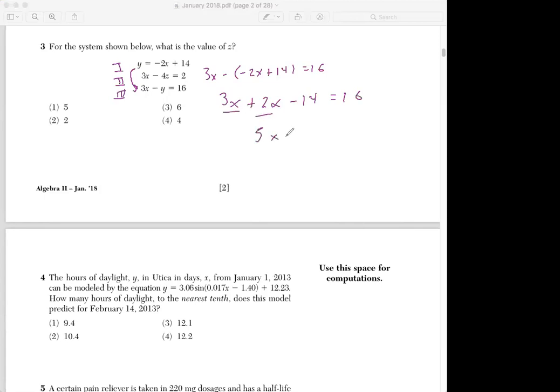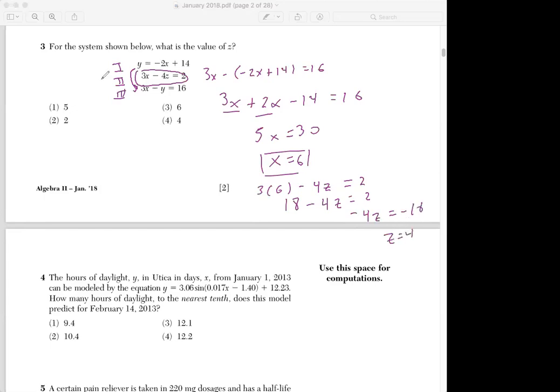This is 5x equals 30. X equals 6. So if you just do this, you get x equals 6 pretty quickly. But now you just sub that in to equation number 2. So you get 3 times 6 minus 4z equals 2. 18 minus 4z equals 2. Minus 4z equals negative 16. Z equals 4.